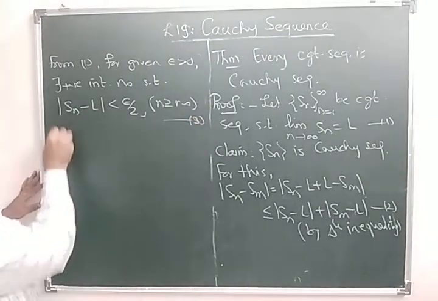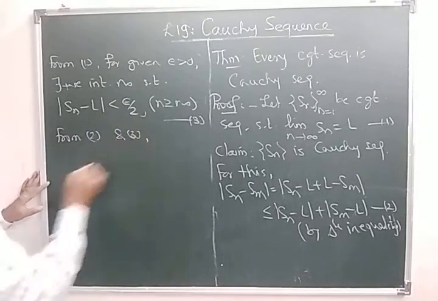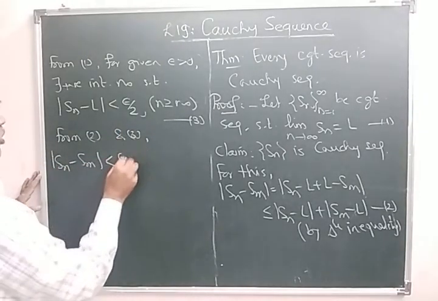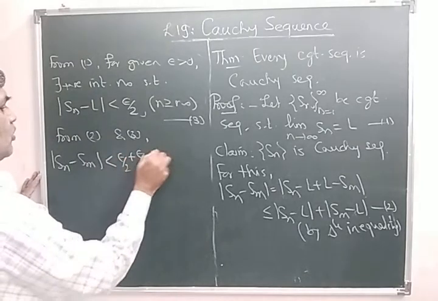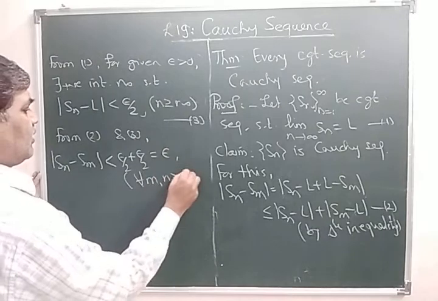So from 2 and 3, mod of Sn minus Sm is less than epsilon by 2 plus epsilon by 2, which is equal to epsilon, for any m, n greater equal n naught.